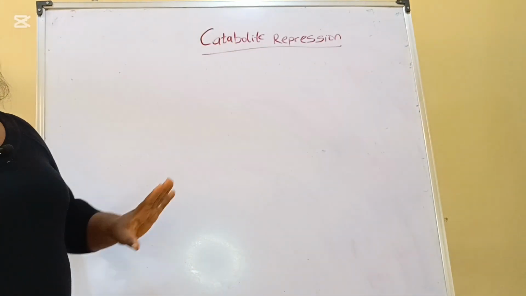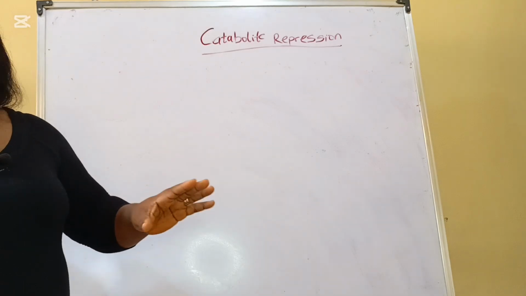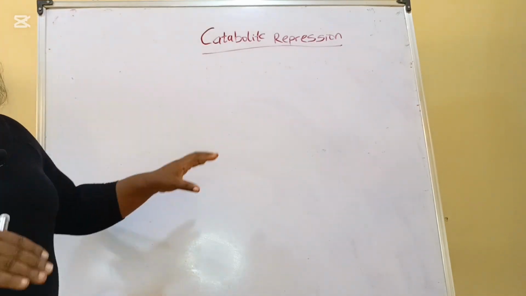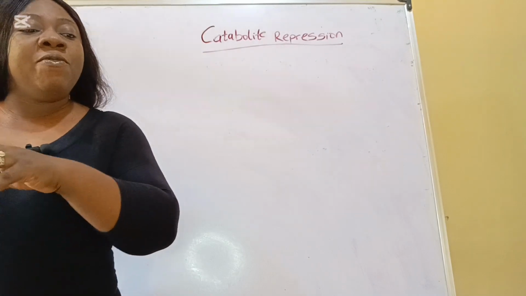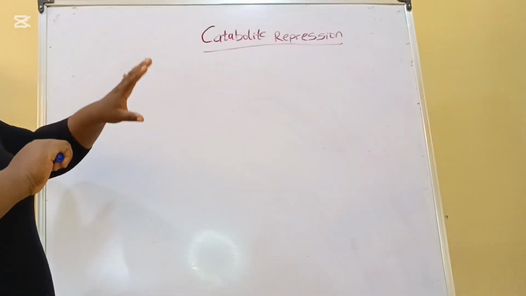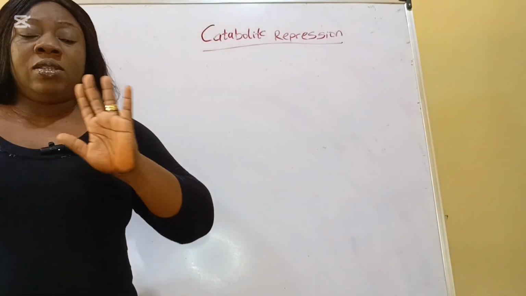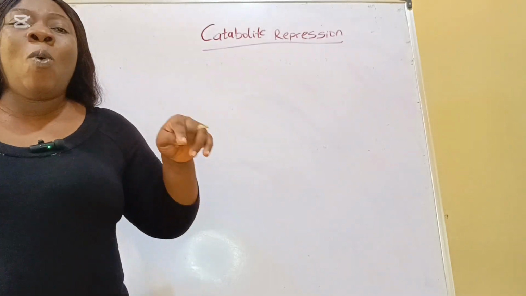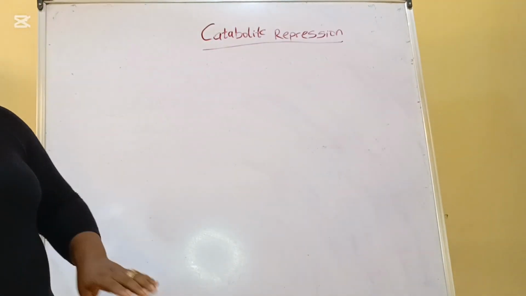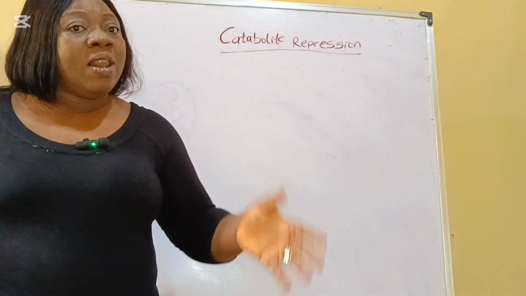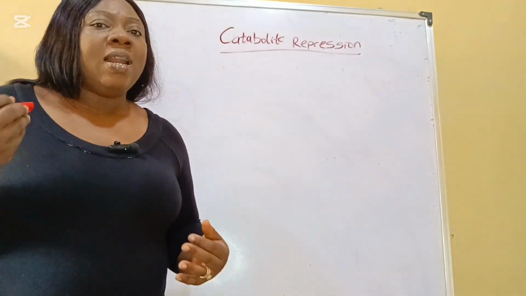It's a regulatory mechanism that helps in inhibiting the expression of genes that are involved in the metabolism of alternative carbon sources when a preferred carbon source is present, and it is mainly found in prokaryotes.